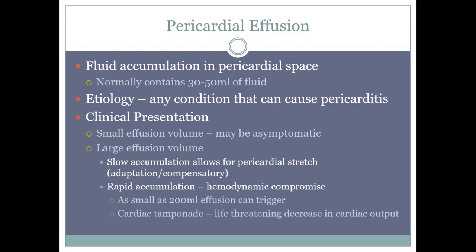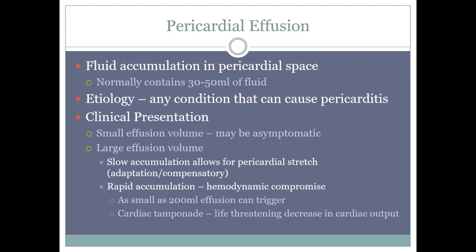And the presentation really depends on how much volume occupies that space and how fast that volume accumulates in that space. Okay? So, for example, you can have a very large volume of effusion that occupies the pericardial space, but if it accumulates over a very long period of time, the heart has the ability to adapt to that. Okay?